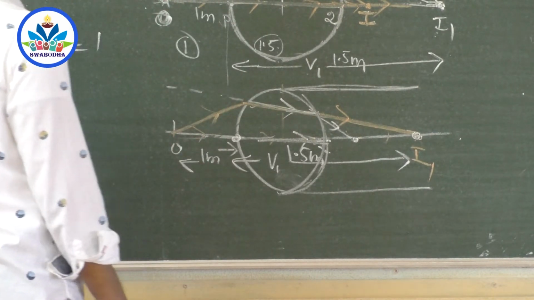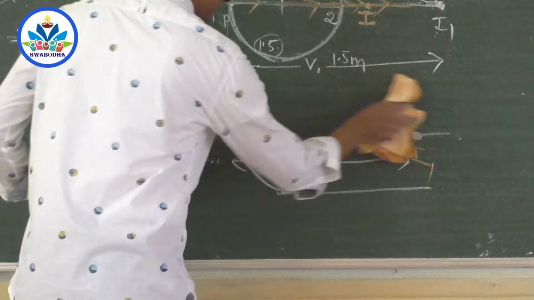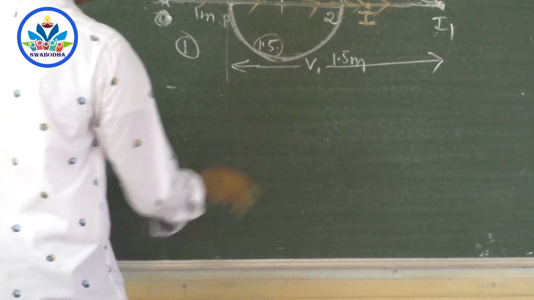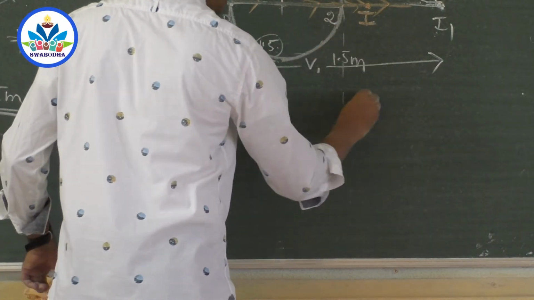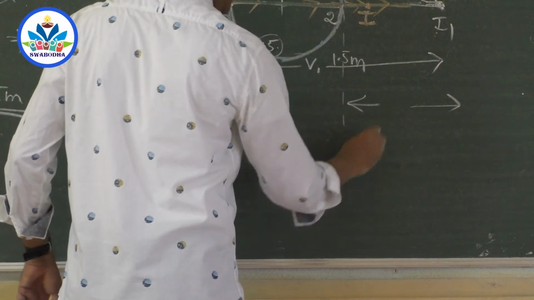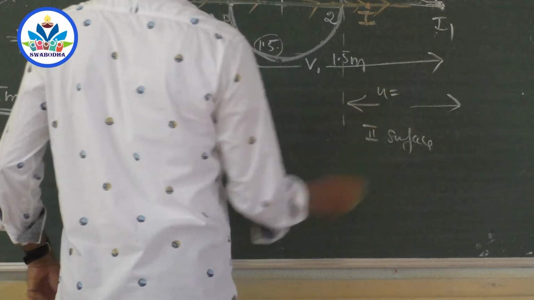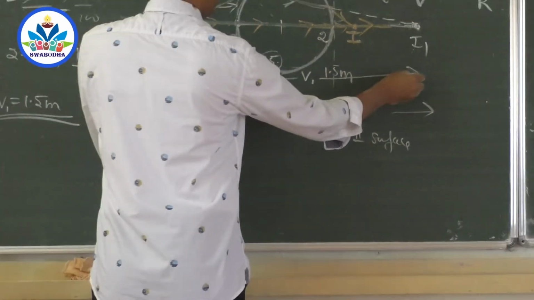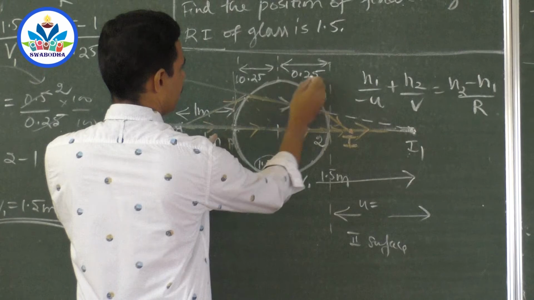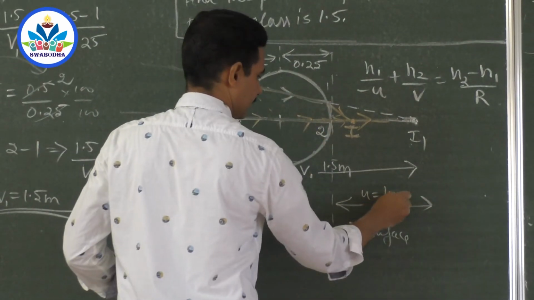So if you want to write any object distance for the second surface, you have to write it from the surface pole, that is from here. So for the second surface, this is the object distance: this is 1.5, this is 0.5, 0.25 plus 0.5, this is 1 meter.